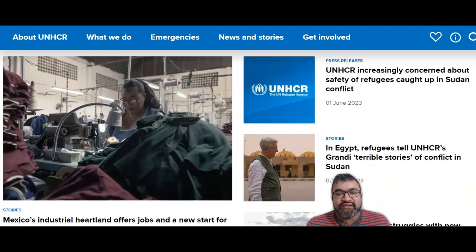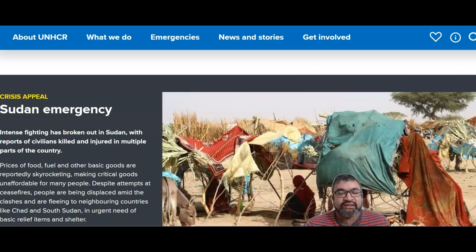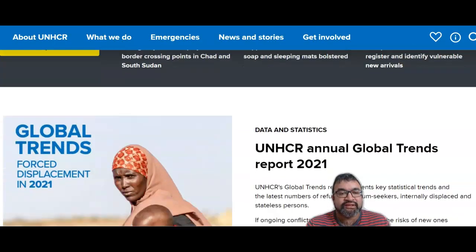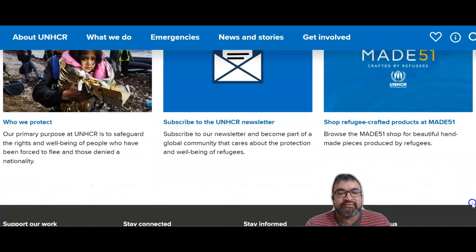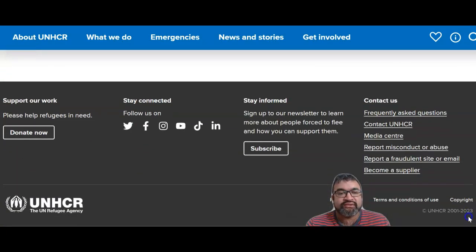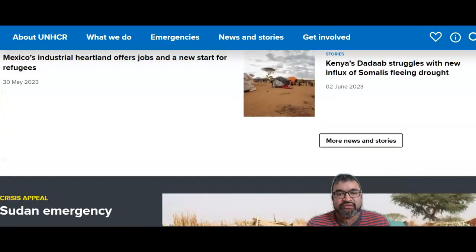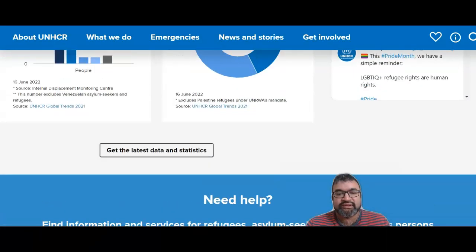So let's go in here and take a look at the data that's available. The Sudan emergency has been for a long time at the forefront. Let's go through here, and then let's go into a place where, so this is midway through the page, it says get the latest data and statistics.